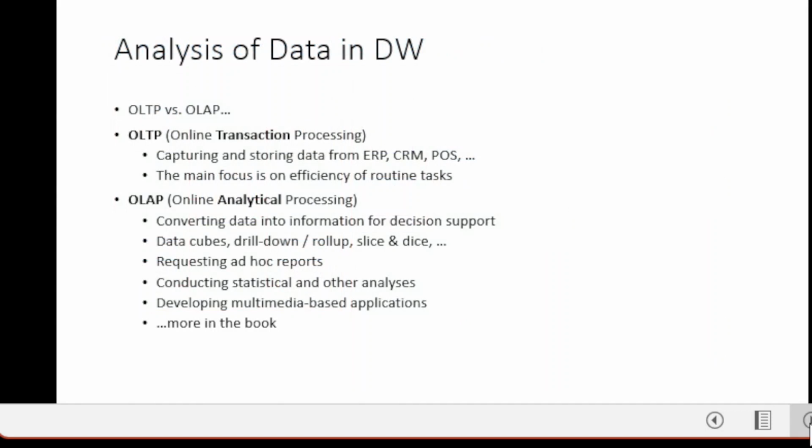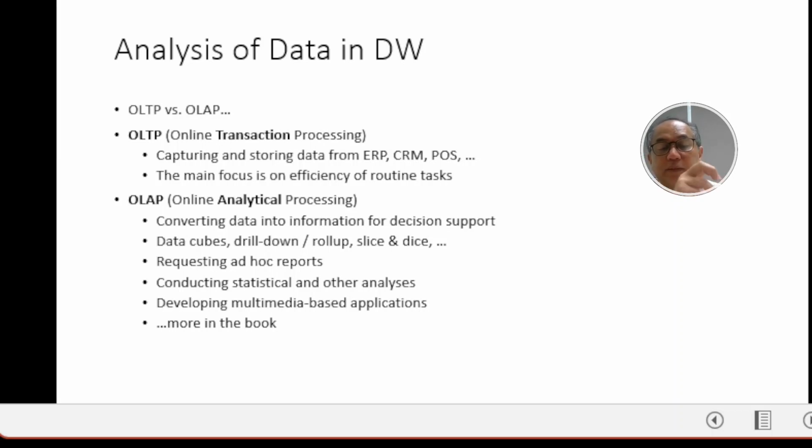Then how do we compare data analysis in data warehouse, OLAP versus OLTP. OLTP is online transaction processing. It captures data from your transaction processes in your ERP, enterprise resource planning, CRM, customer relationship management system, point of sales. So the main focus is to process routine tasks. Whereas OLAP is online analytical processing.